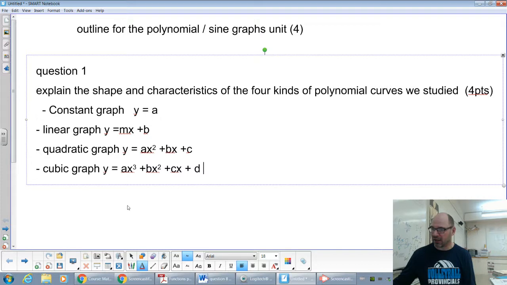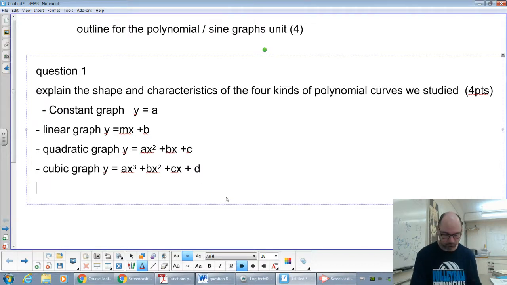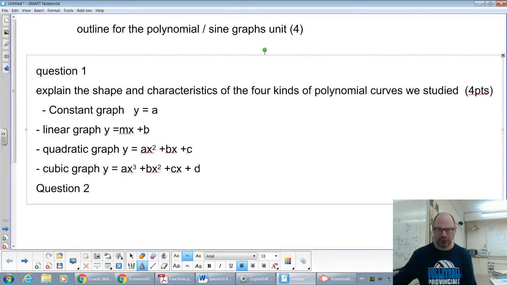Okay, so let's take a look at question number 2 then. Now when we get into question number 2, I'm going to draw 2 different kinds of polynomial graphs.